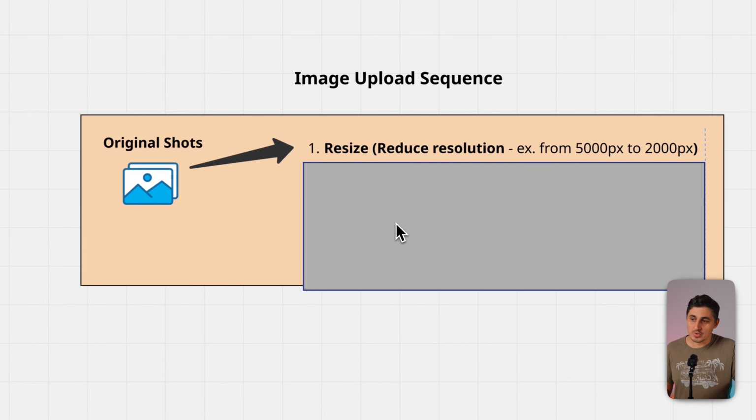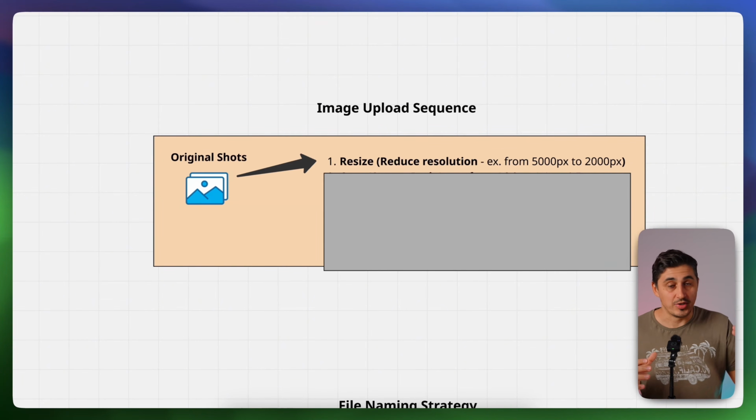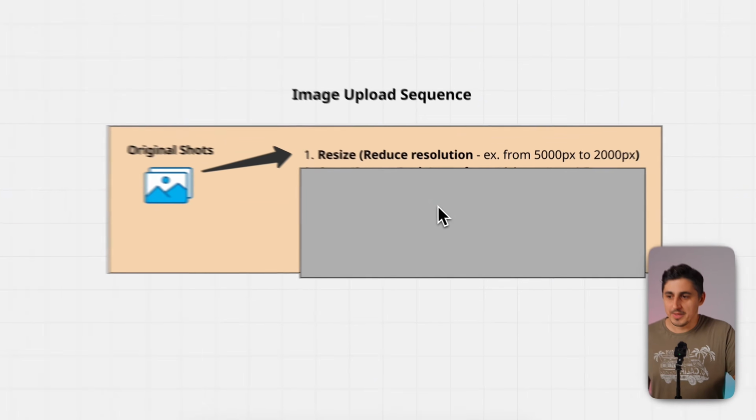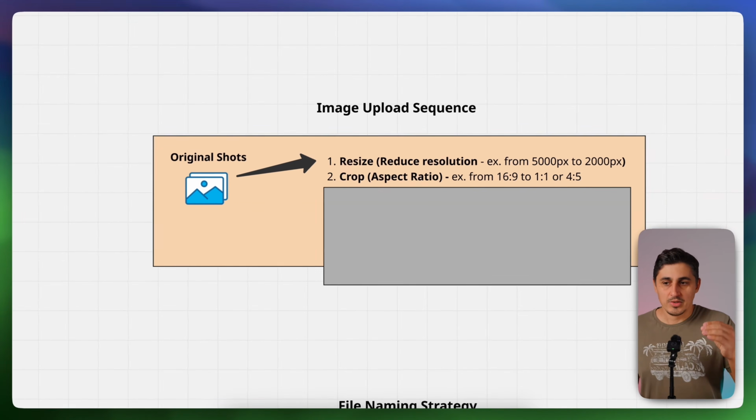First of all, I think you should resize those images because if your photographer is taking images with a DSLR camera, those images will have a high resolution and we don't want to upload that resolution to the Shopify store because those file sizes will be large and the user will have to wait more until the site actually downloads.